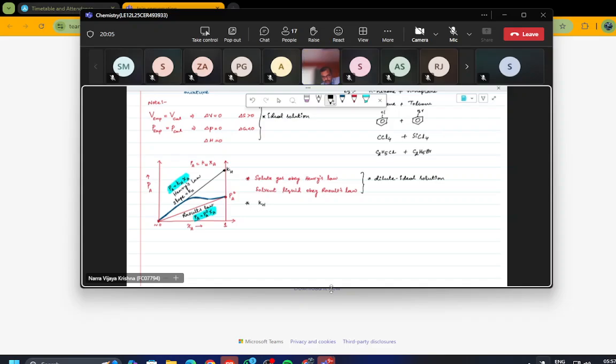KH approaches PA naught. Will you understand what I am talking about by looking at these two statements? Clear? Any questions? Better I will write this as a note.